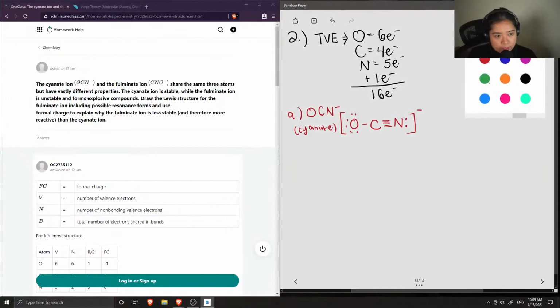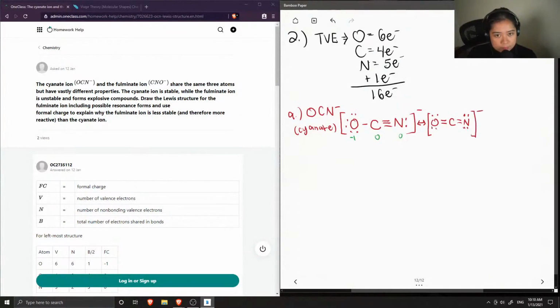And the formal charges would be -1 for the oxygen and 0 for the carbon and the nitrogen. We could also have a double bonded oxygen and a double bonded nitrogen. This time our oxygen is neutral, carbon is neutral, and our nitrogen would have the -1 charge.